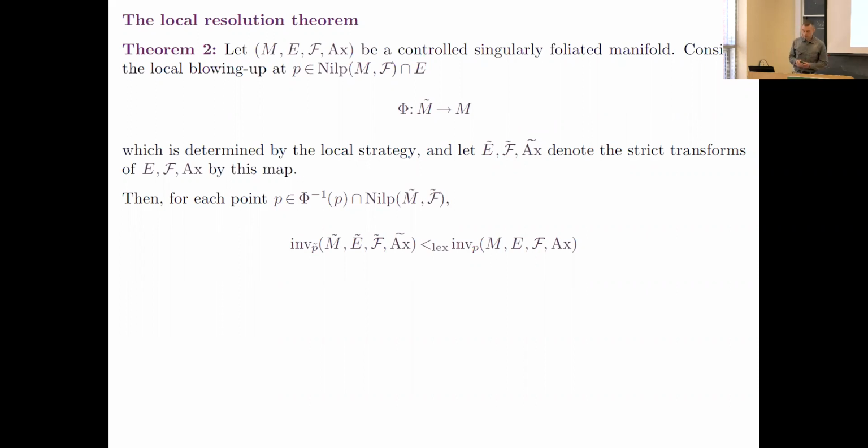And this means that if you make this blow up of this global center on the whole manifold, and then you look at what happens in the resulting foliation, this locus of maximal multiplicity will disappear successively.